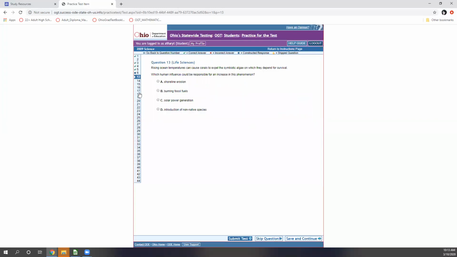So let's see. This is a really good question as an example of thinking through exactly what they're asking you and looking for keywords. Rising ocean temperatures can cause corals to expel the symbiotic algae on which they depend for survival.